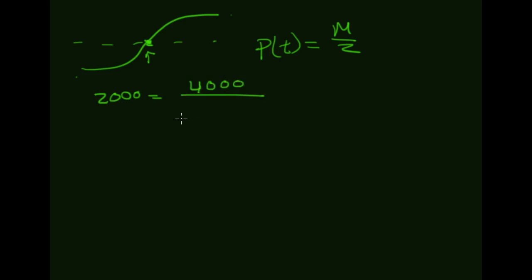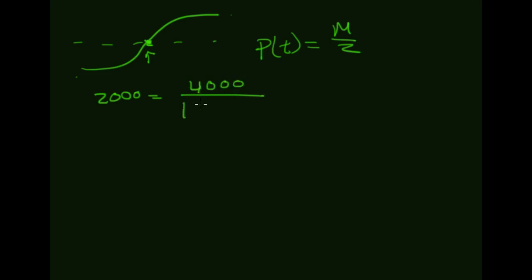Well, the nice thing is that the point of inflection always occurs when the population is at half its carrying capacity. This is halfway between 0 and m. So in our example here, that means the population's at 2,000 because the carrying capacity is 4,000.